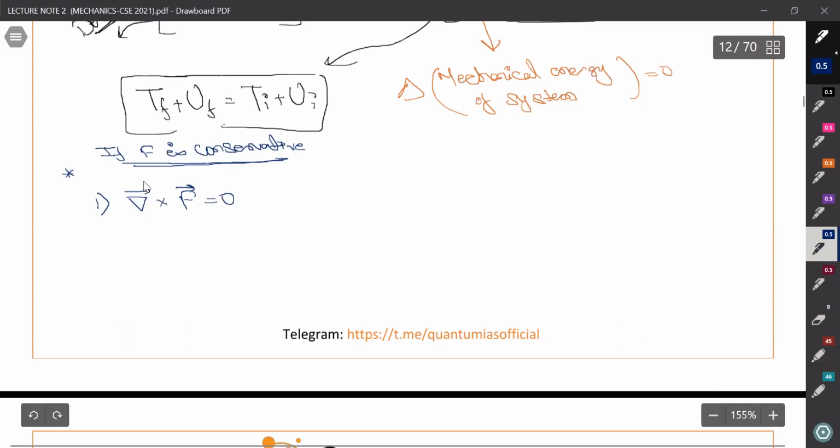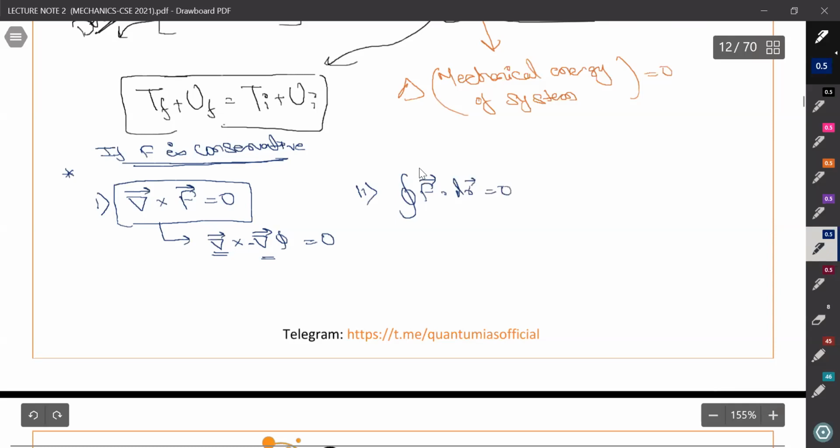How can we write this? See this, this is very important. See this, del phi, same direction, the cross product will become 0. Also, second, the integration of F dot dr. This is the definition of conservative force.